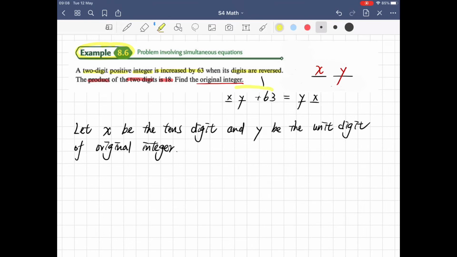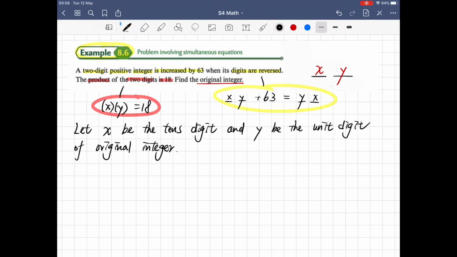So it is our first information: the original number plus 63 equals the new number, and the new number is made by reversing the two digits. The second information is the product of the two digits. That means we multiply these two numbers so that it will become 18. And this is our second information.